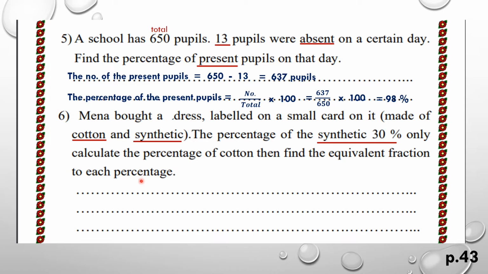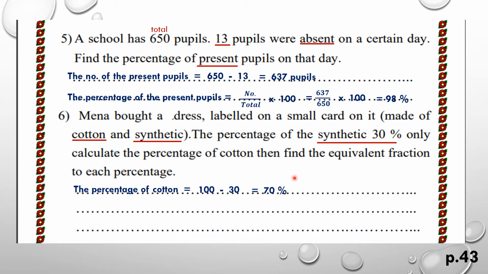The percentage of the two materials used for this dress is represented by 100%. So, to find the percentage of the cotton, we are going to do 100 minus 30. 30, this is the percentage of the synthetic, equals 70%. So, the percentage of cotton equals 70%.